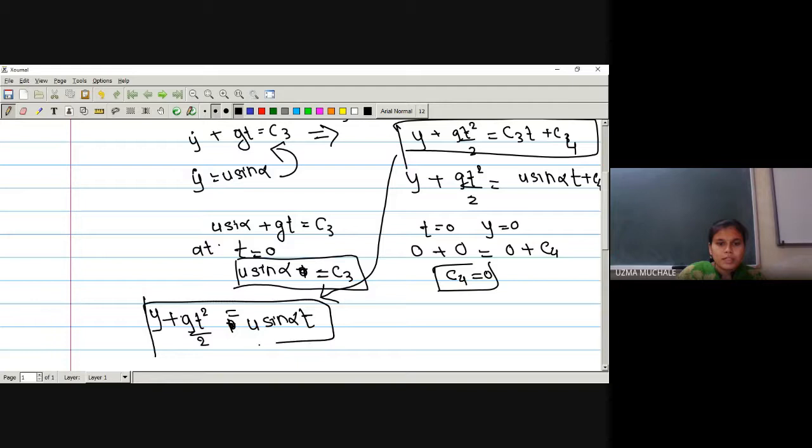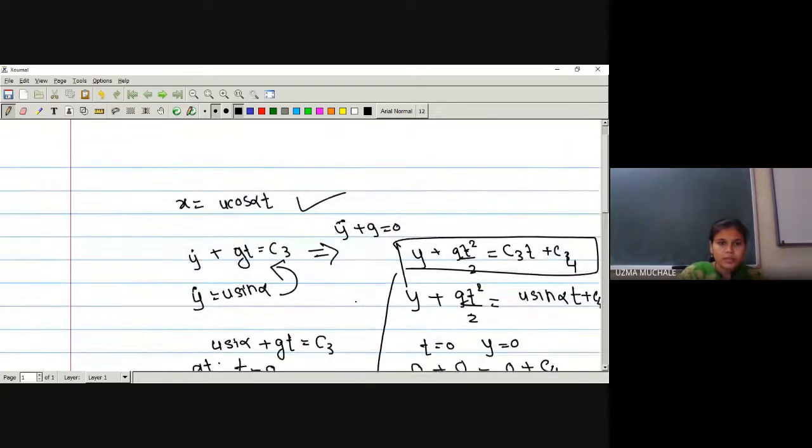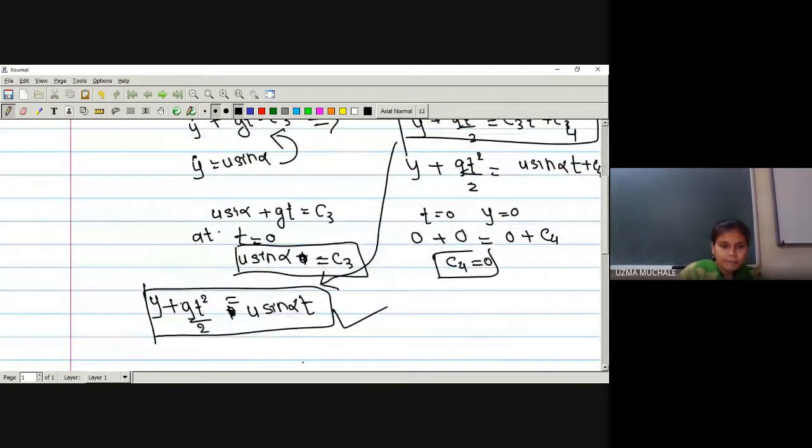So this is our second equation. And the first equation we have obtained is x is equal to u cos alpha t. So combining these two equations, we can say we have found the equations of motion.